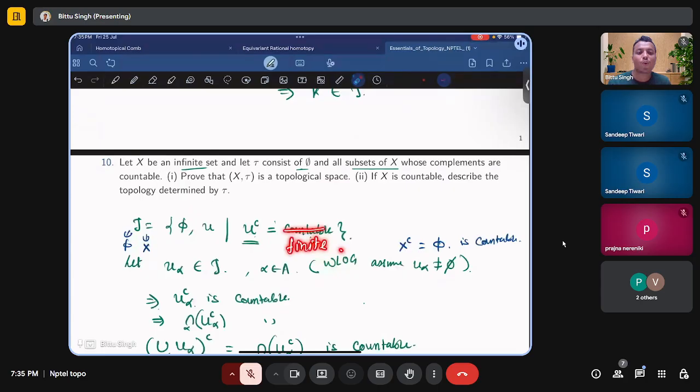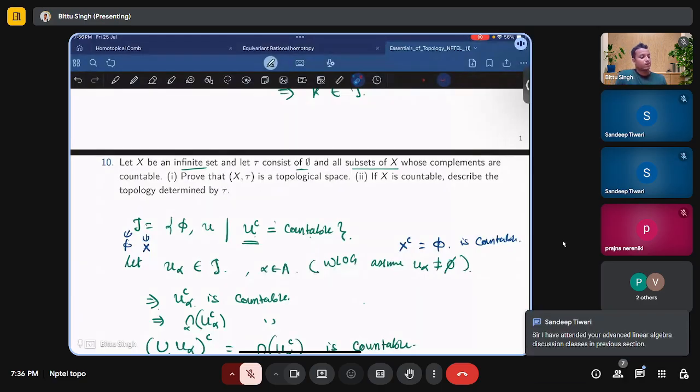That is called co-finite topology. So now the second question is, what happens if x is countable? Can you explicitly describe tau? What happens if x is countable?